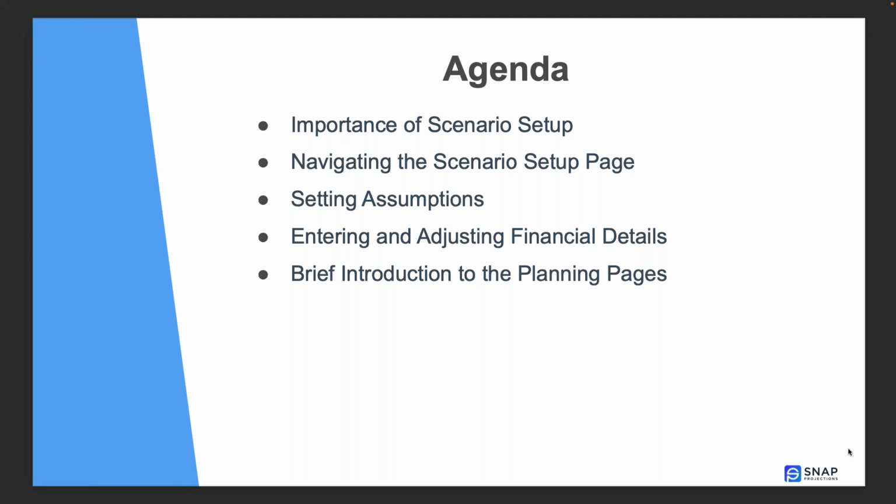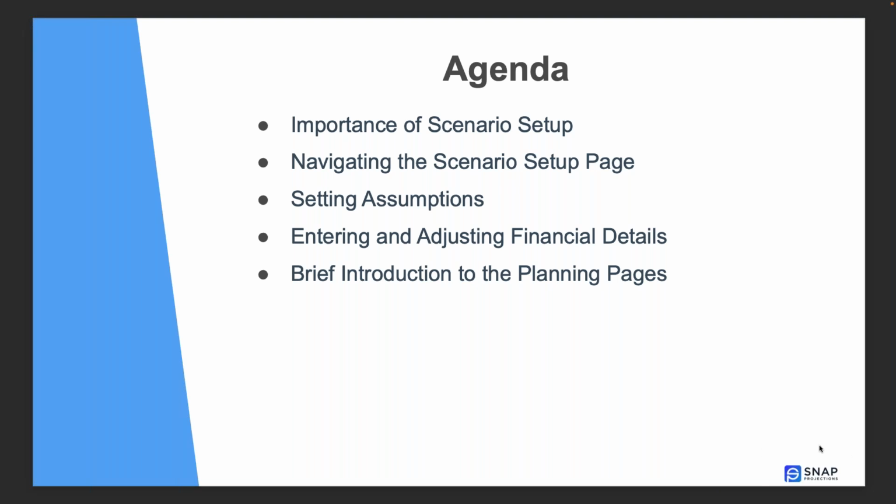Understanding its layout and functionality ensures a smooth workflow, allowing advisors to quickly input data and make adjustments as needed. Each section is designed to provide a clear snapshot of the client's financial situation with built-in calculations that update in real time. Familiarity with the scenario setup page enables advisors to streamline their planning process, ensuring accuracy and consistency in their projections while saving valuable time.